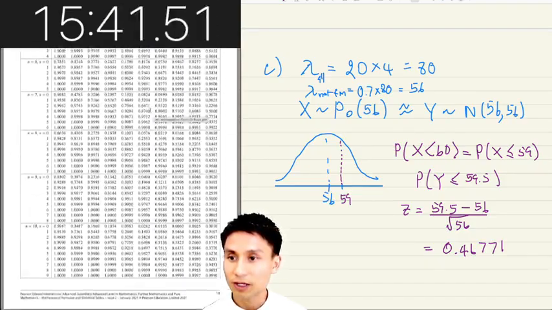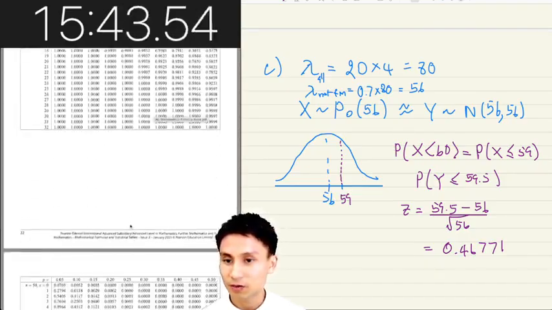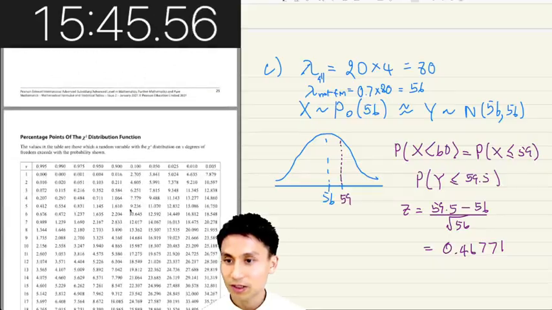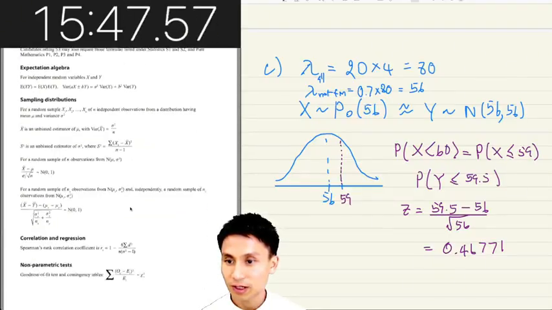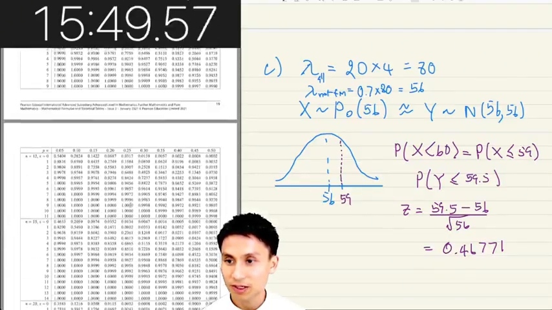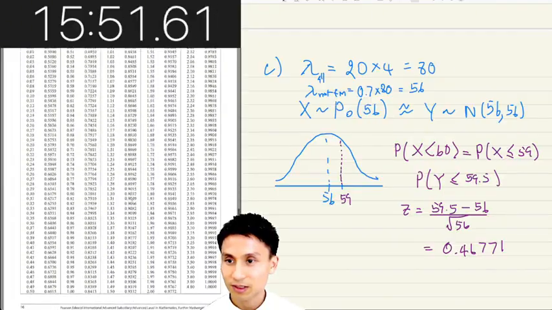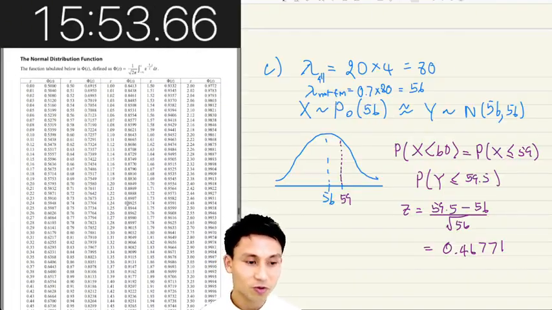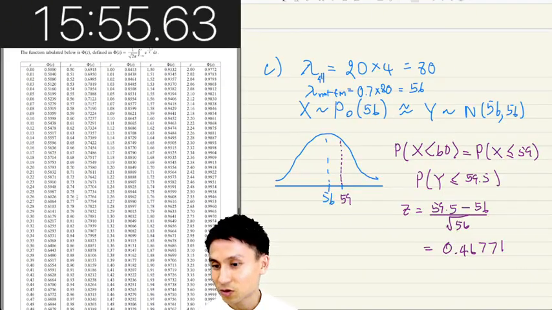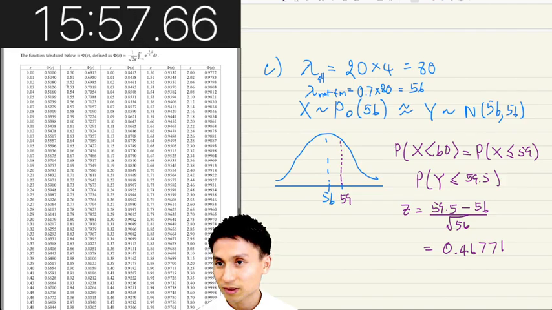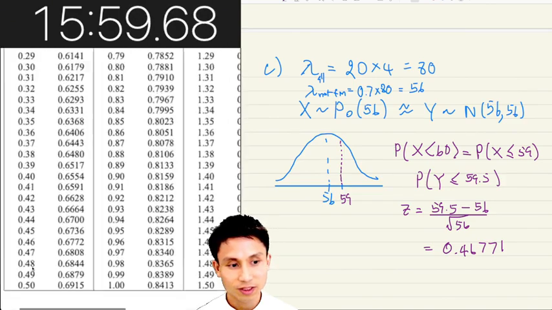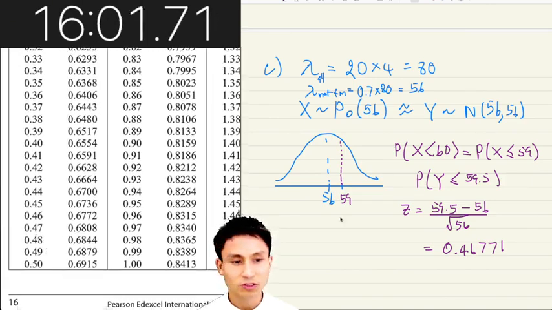And that would have to be the, wait, hang on, the bell curve probability, where's that? Okay, it's here. So 0.4677, I'm just going to give it 0.47, right guys?